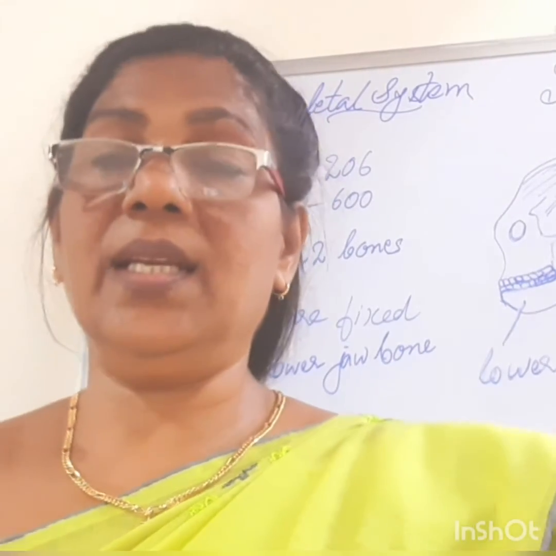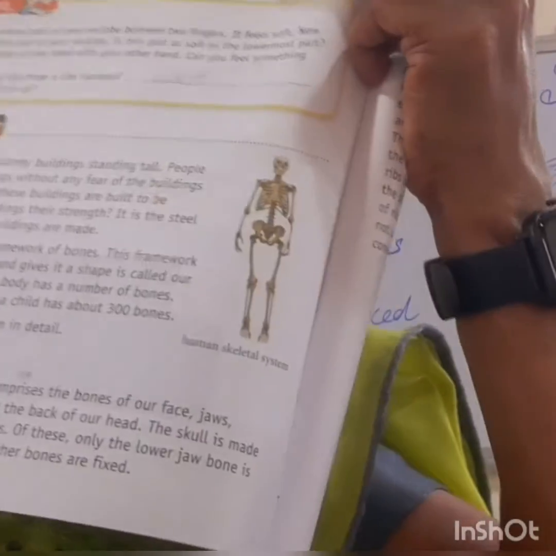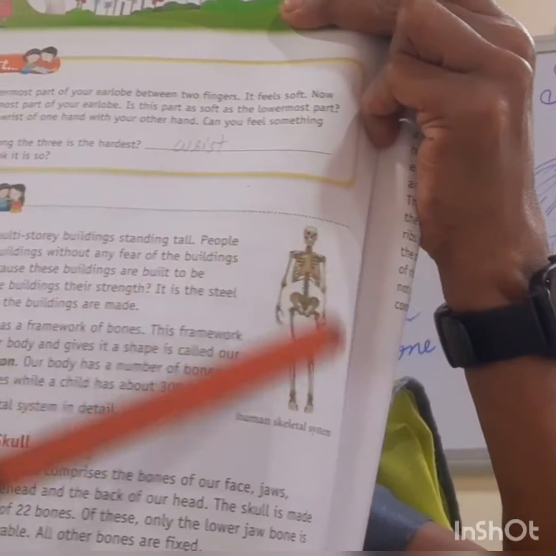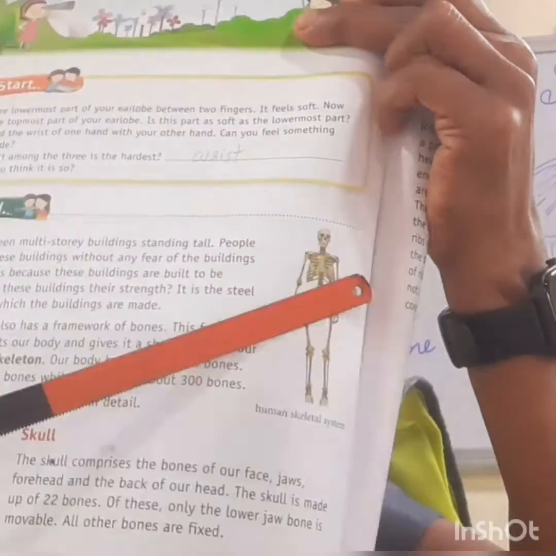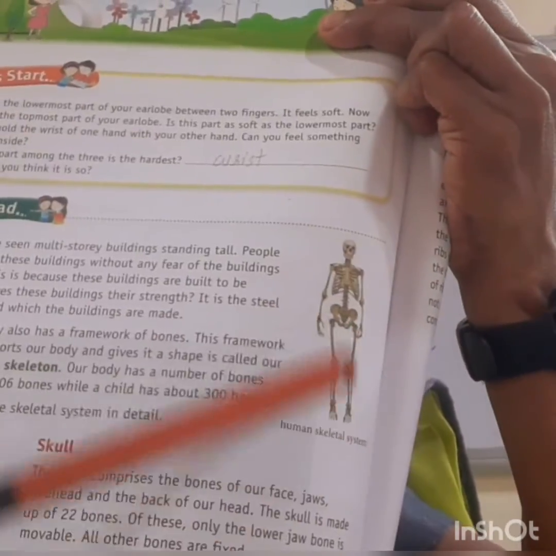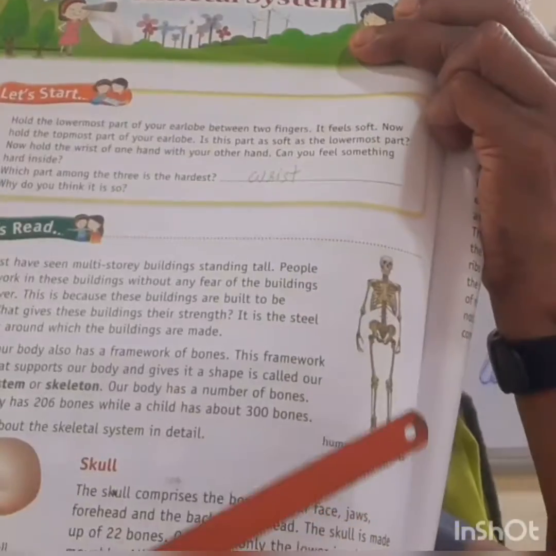Okay, children, now you will be seeing the skeleton of our body. If the muscles and skin of our body are taken out, the outlook of our body is just like this.